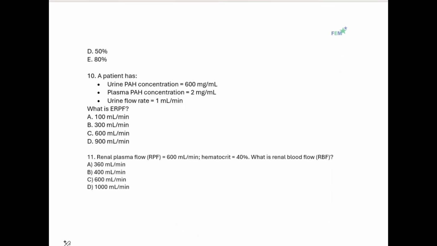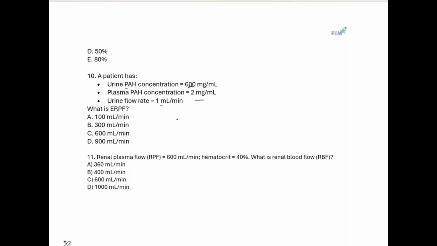A patient has a urine PAH concentration of 600, a plasma PAH concentration of 2, and a urine flow rate of 1. Here they are asking us to calculate the effective renal plasma flow.